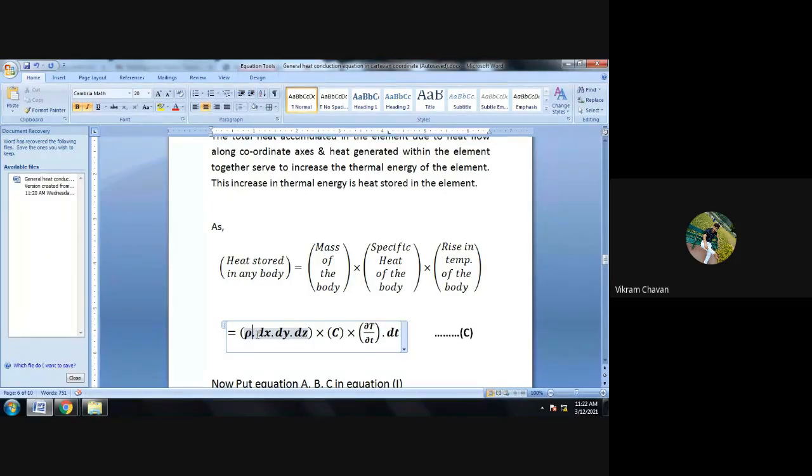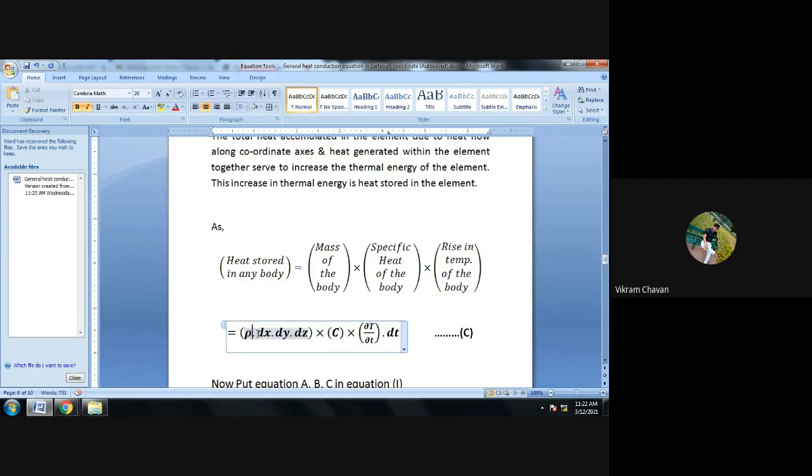We know density is equal to mass upon volume, so we have converted that formula into a mass formula: mass will be equal to density multiplied by volume.